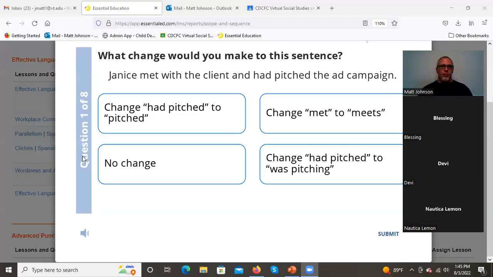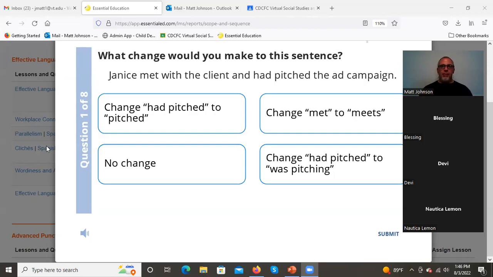Okay, so first one here says Janice met with the client and had pitched the ad campaign. So as I mentioned, usually whatever you have first, you want to look at the second part of that and see if that needs change. That'll be the part that you want to change. So here we want to turn had pitched to pitch, right?